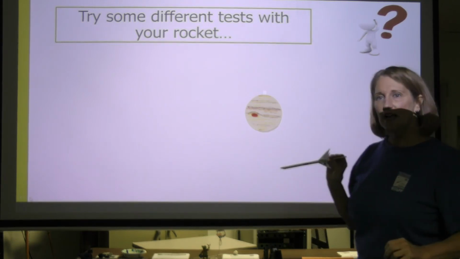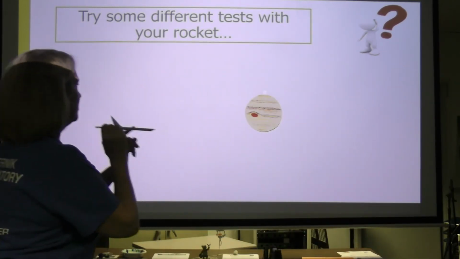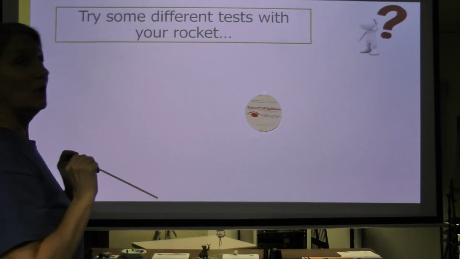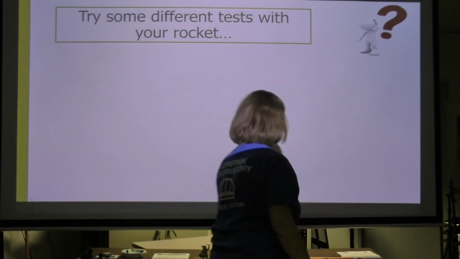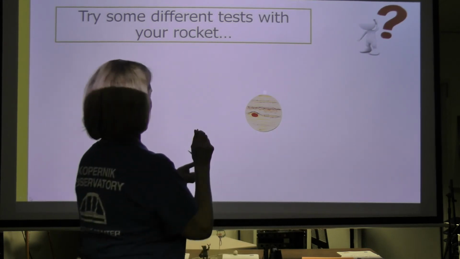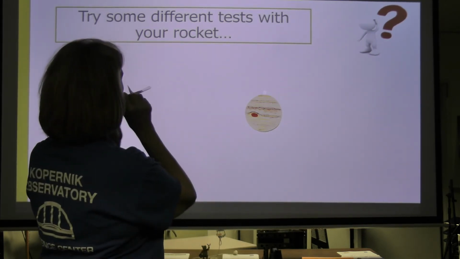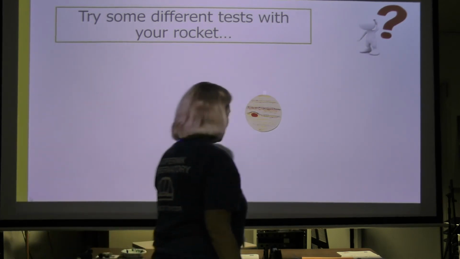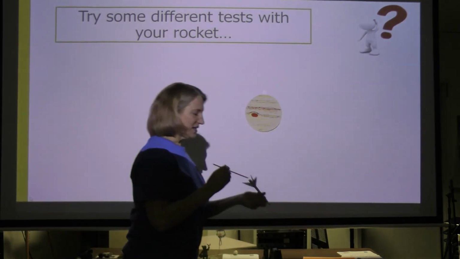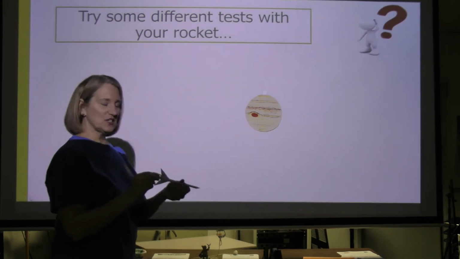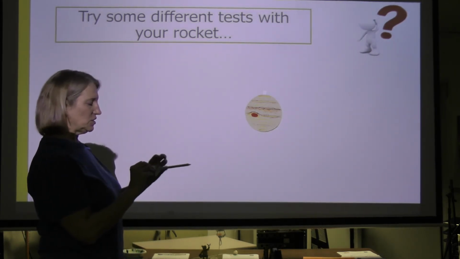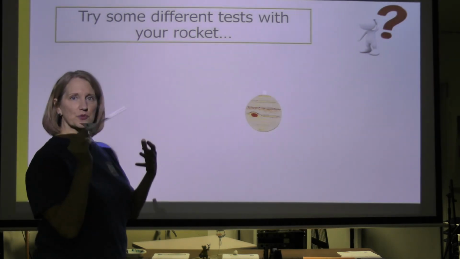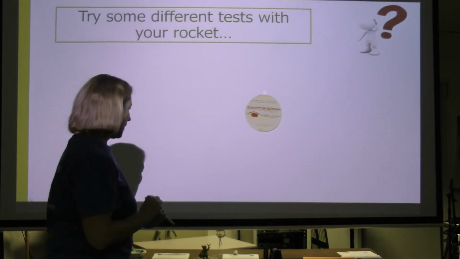So let me try hitting my target of Jupiter. Oh, close, close. Let me try again. Oh, so you can see you have to keep practicing and make some changes on how you're blowing into your straw and how much thrust you give your rocket.